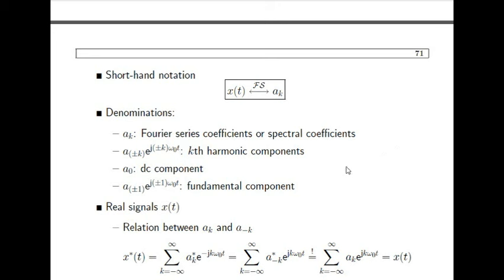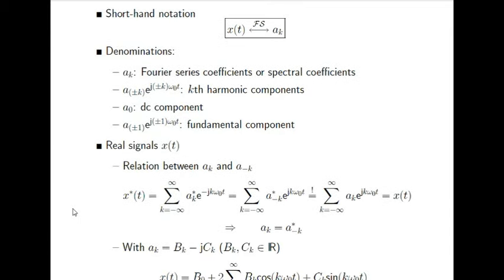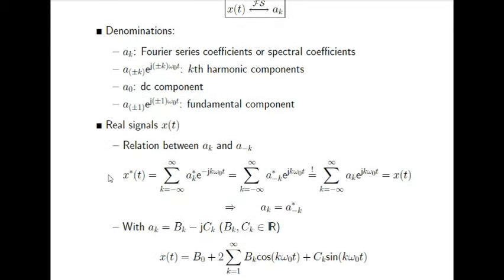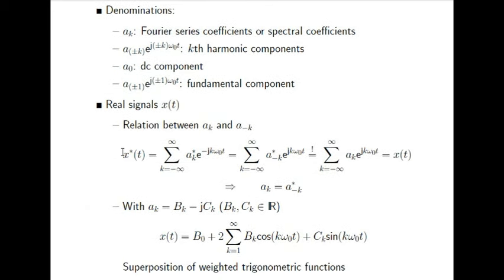Okay, for a real signal, now let's see the relation between ak and a of minus k. So now let's take the conjugate of our input signal, which we have defined earlier. When taking the conjugate, we'll get this. The summation remains the same, ak will be conjugated, and the complex exponential will now have minus j.